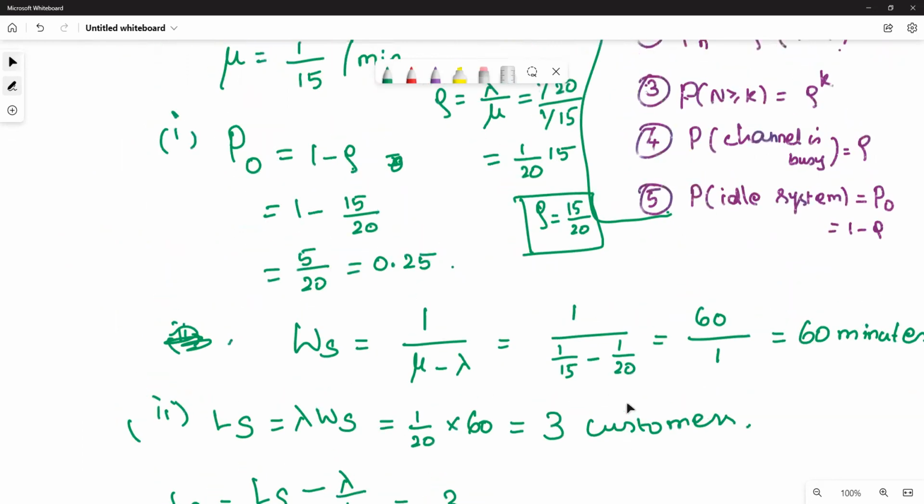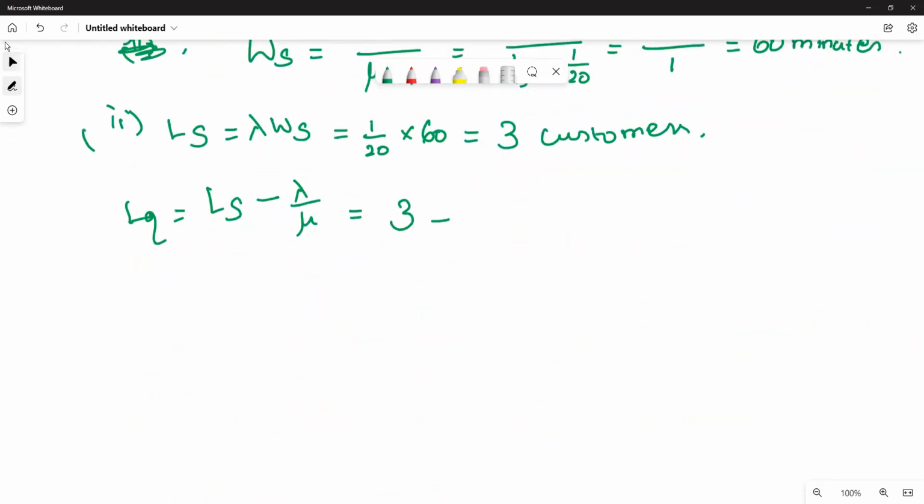Rho we have found as 15 by 20, which is 3 by 4. So 3 minus 3 by 4, simplifying this, 2.25. This is about customers, so it cannot be 2.25. We approximate it to the whole number, 2 customers.